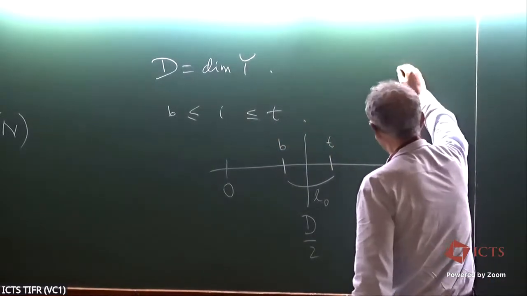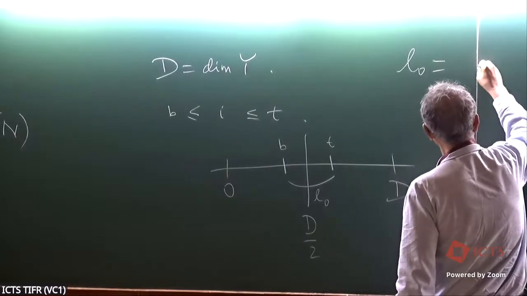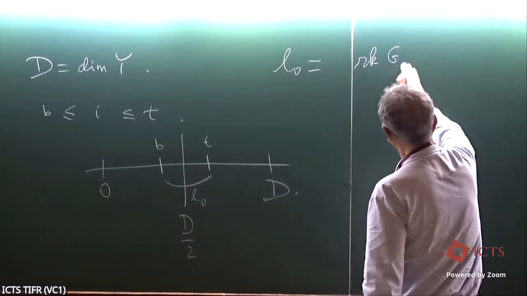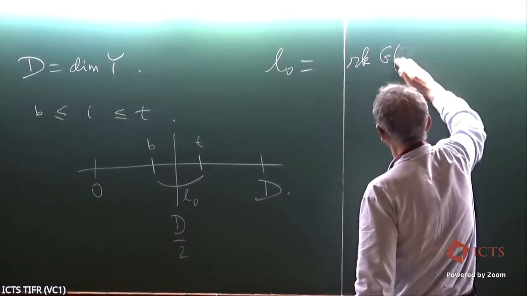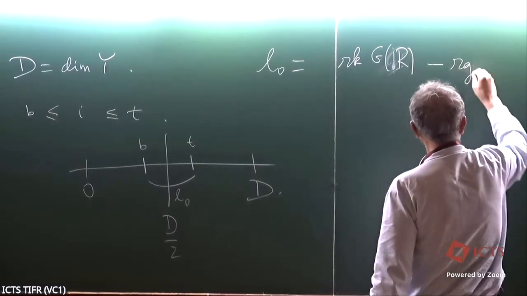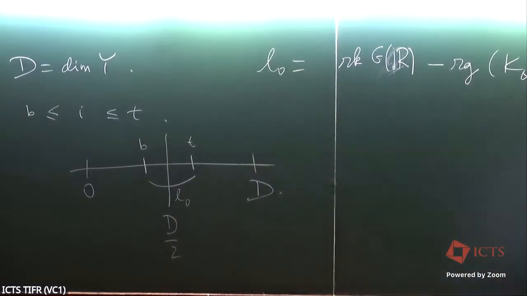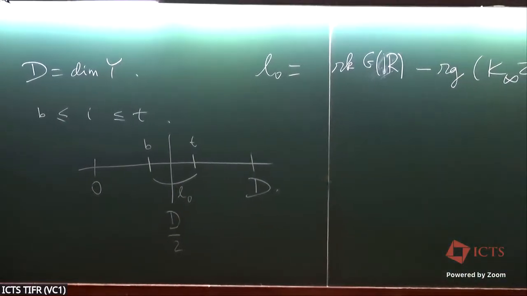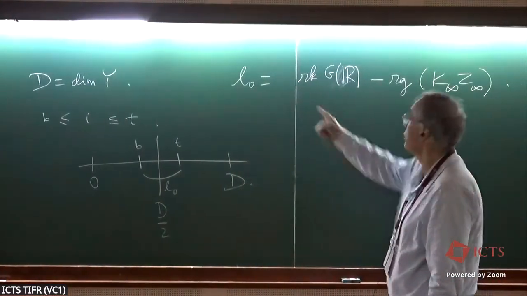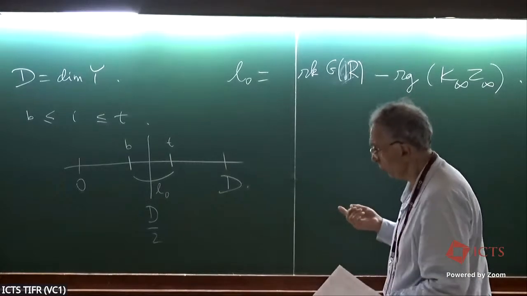L0 is the Harish-Chandra defect of the group G. This is the rank of the group G infinity, which means G of R, minus the rank of the maximal compact times center. When there is a Shimura variety, this is 0, but in general it is not 0.